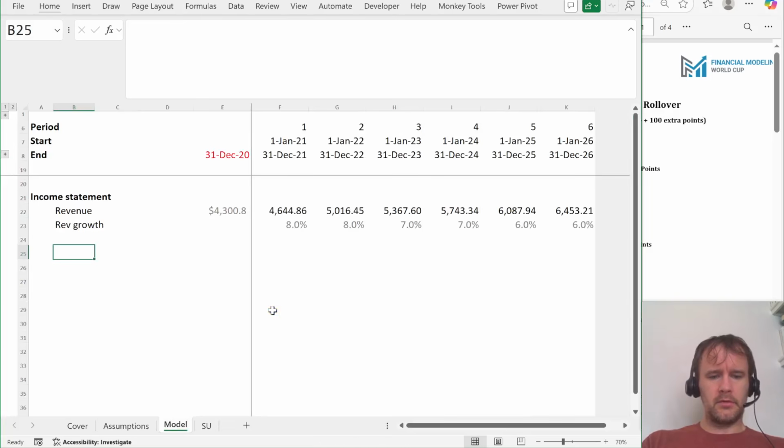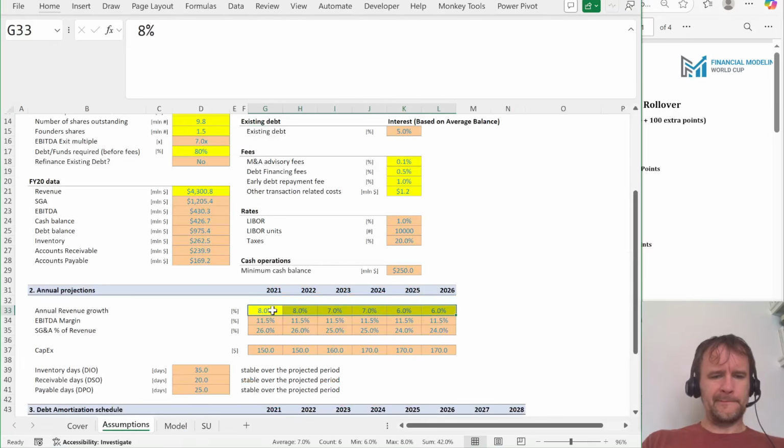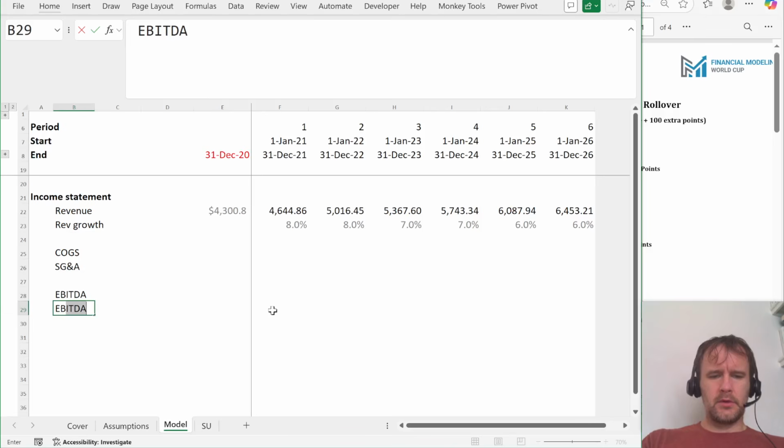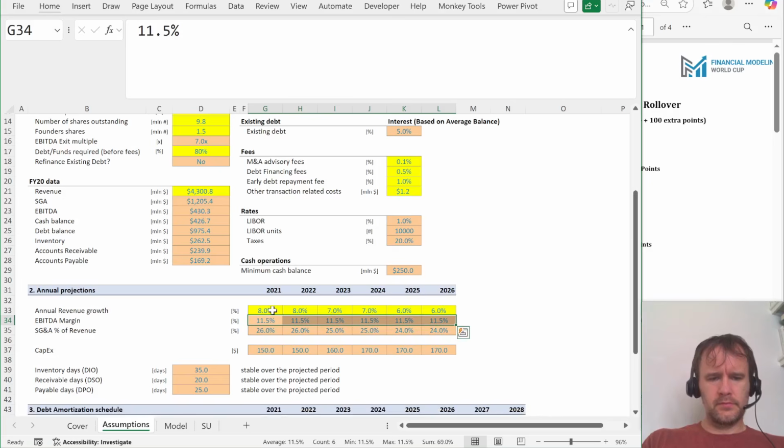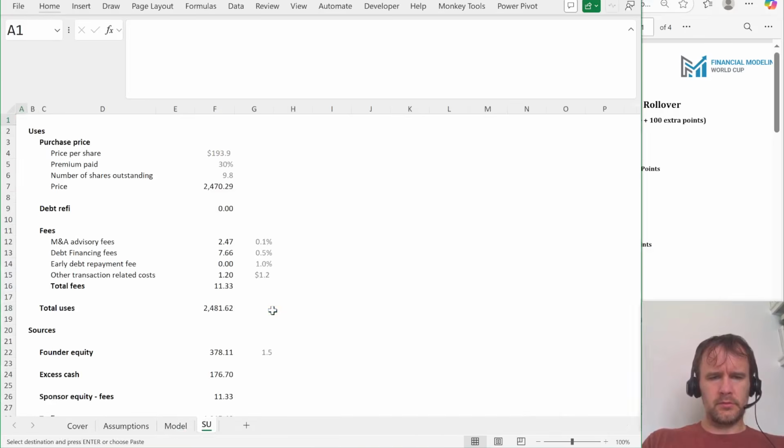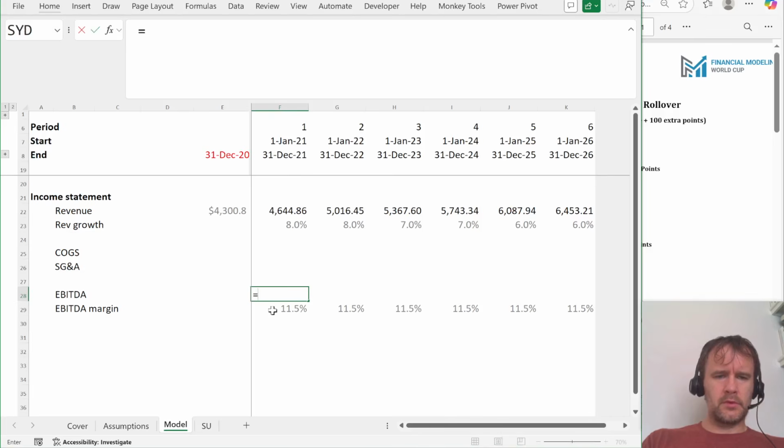Then we need COGS. We need SG&A, and then we need EBITDA. So yeah, we have an EBITDA margin. So that's going to be this times this.